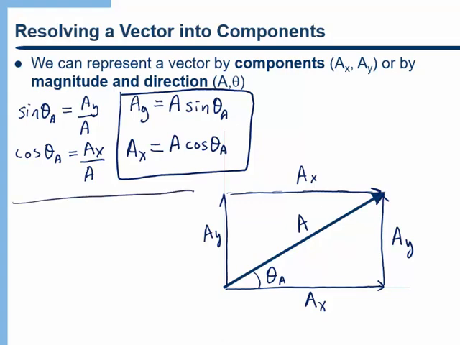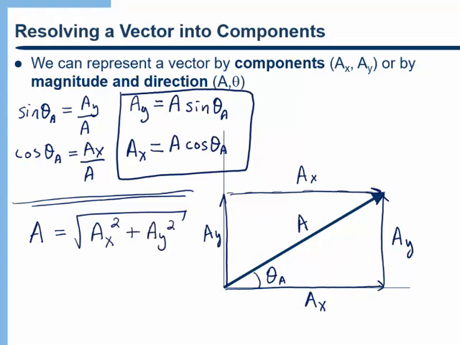Now, let's say that instead of finding the components from the magnitude and the direction, we know the components and we want to find the magnitude and the direction. You'll notice the magnitude of the vector can just be found by using the Pythagorean theorem: the magnitude is ax squared plus ay squared under the square root.